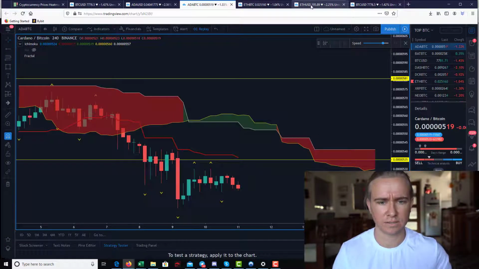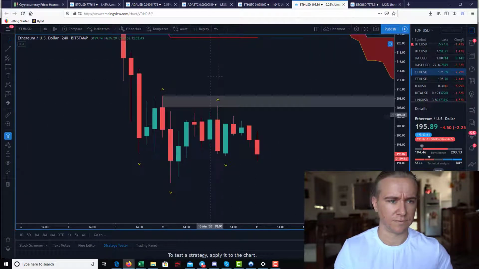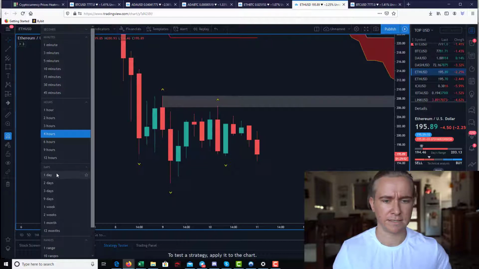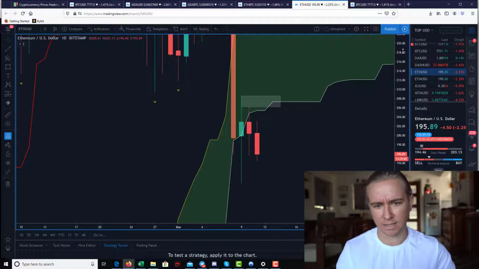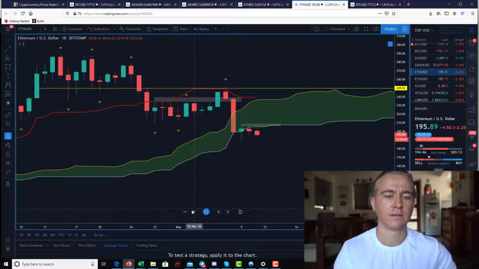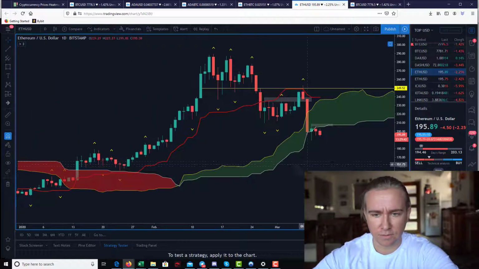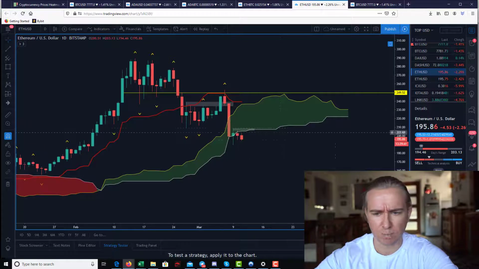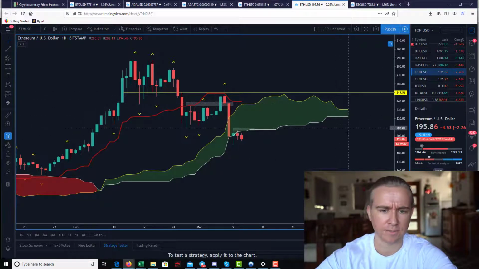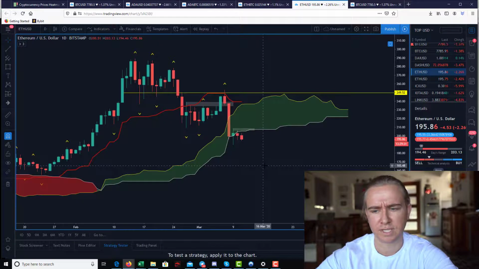Ethereum, US dollars. This is the 4-hour. It's different: we haven't got a Kumo flip here. The future Kumo isn't bearish, so even though we're closing underneath the cloud, there's no sell signal on Ethereum as of yet.